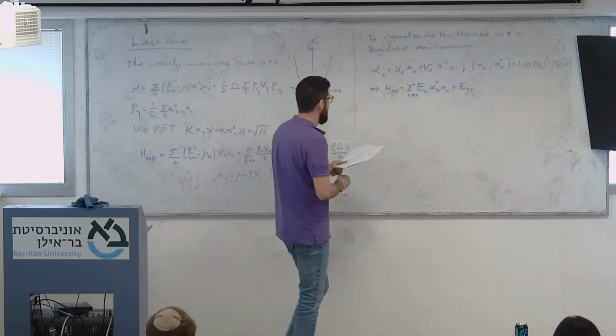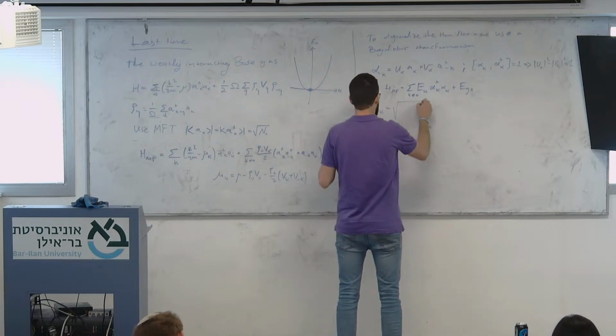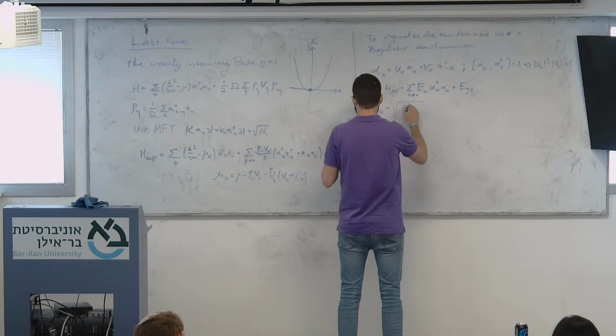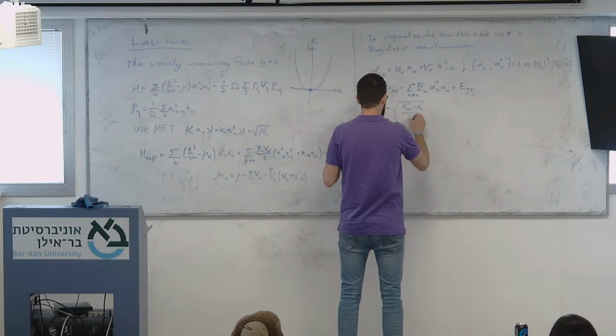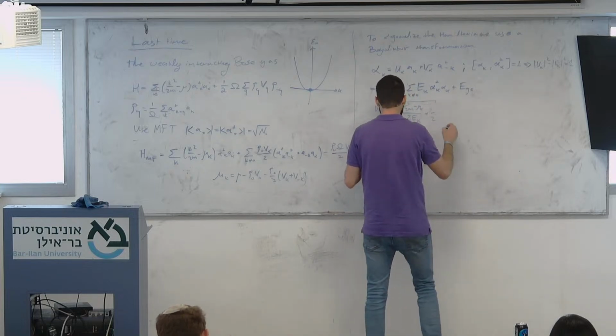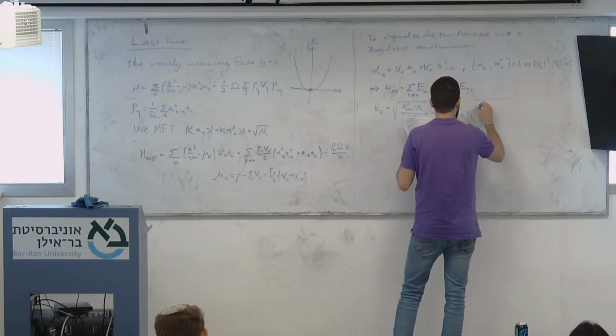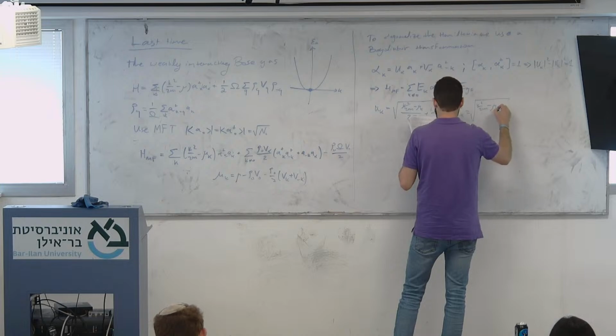And then we saw that u k is equal to the square root of (k squared over 2m minus mu k) divided by 2E k, plus 1/2. And v k is equal to the square root of (k squared over 2m minus mu k) over 2E k, minus 1/2.